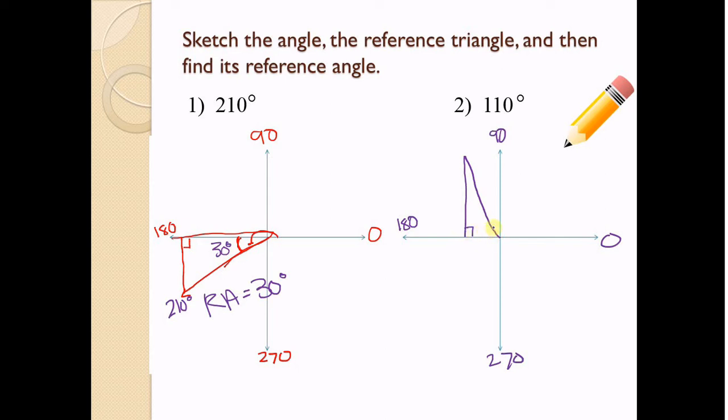So that's my triangle. Here is my angle right here. Now, you can't go 110 to 90 because that's not covering it. We're going to 180. So how many degrees are between 110 and 180? We're going to go 180 minus 110. I'm going to get a reference angle of 70 degrees, right?